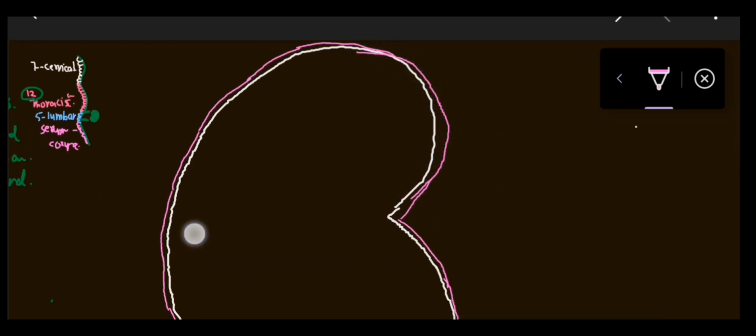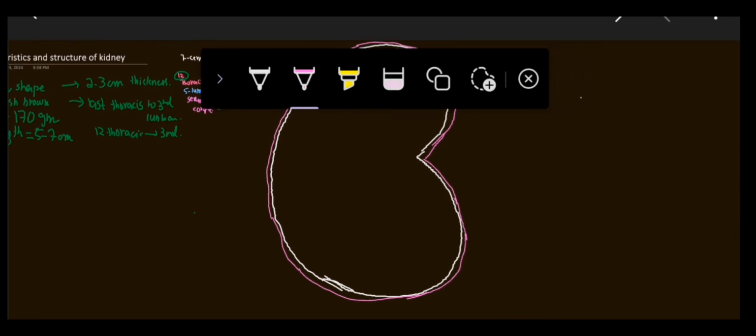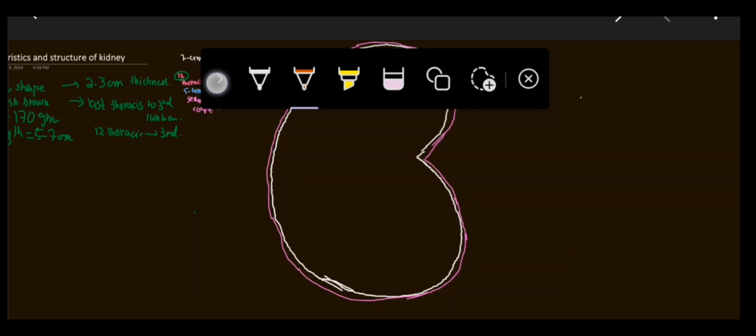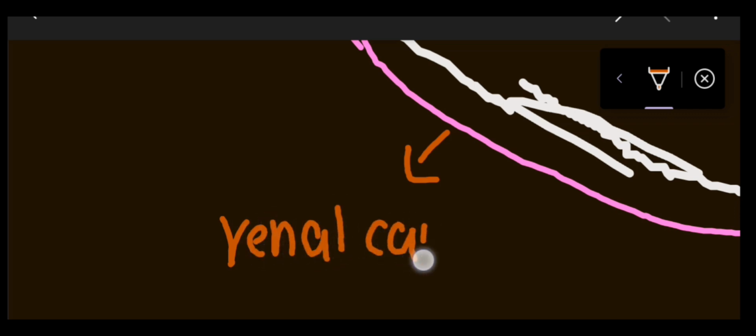Let me write over here: this is the renal capsule, which is the covering of the kidney.